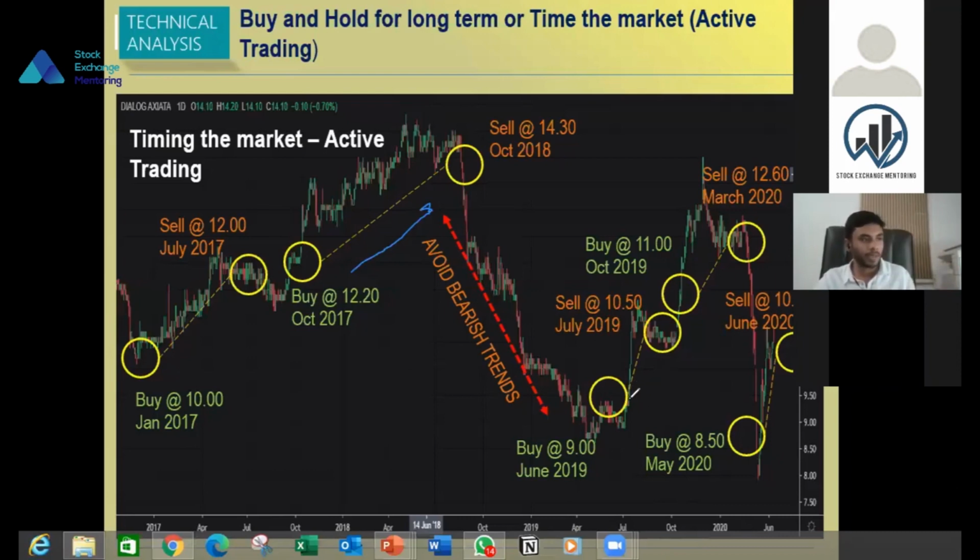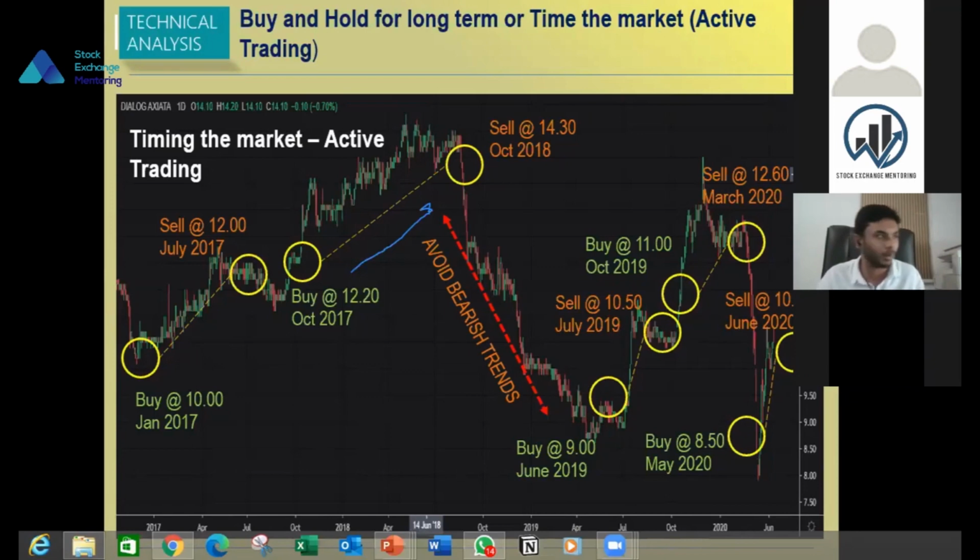So then you again buy at 9 rupees and sell at 10, and then you find there's still momentum continuing, so you buy at 11 and sell at 12.60. During the pandemic, because of the market panic, you have exited before that. After that, you find the stock is discounted at low levels at 8.50 and then sell at 10.50.